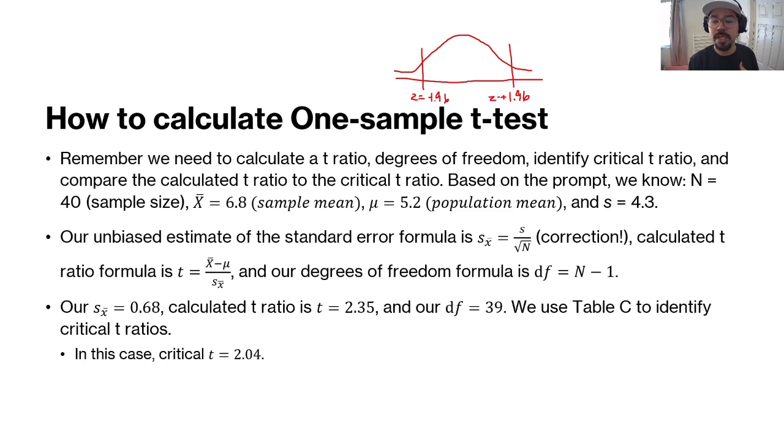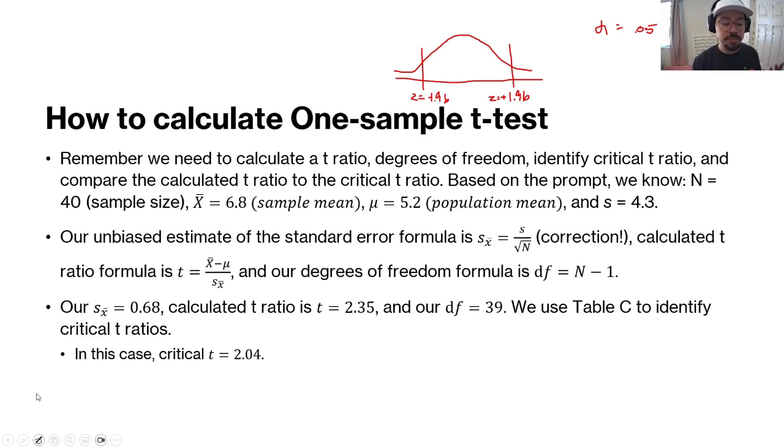That's because we, as the researchers, decided to use an alpha level of 0.05. But remember that this original illustration that we were introduced to is using z-scores, and we can't use z-scores. We're now using t-scores.